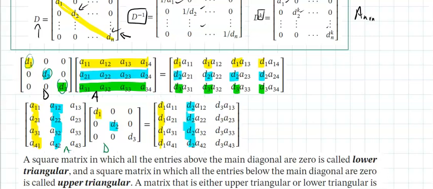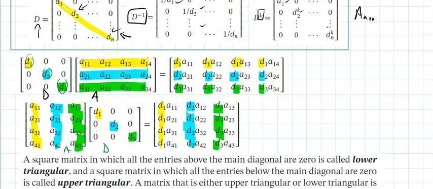Of course, we're going to practice that and show that that's how it is. But if you can do that, it saves you a lot of work. And a diagonal matrix is a matrix in which the diagonal entries are the only numbers that can be nonzero. Everything else is a 0.